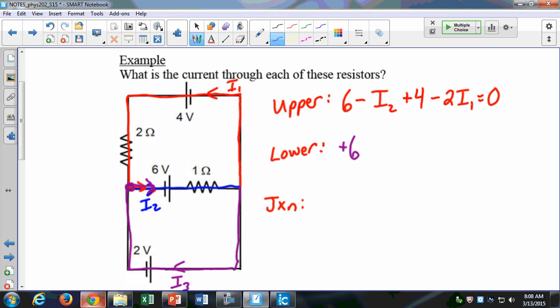So we got +6. What's the next one? Minus 1 times I2, right? And then what do we have next? Minus 2. That's all equal to 0.